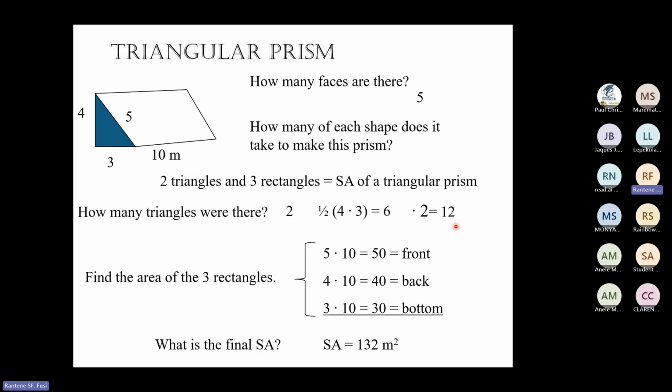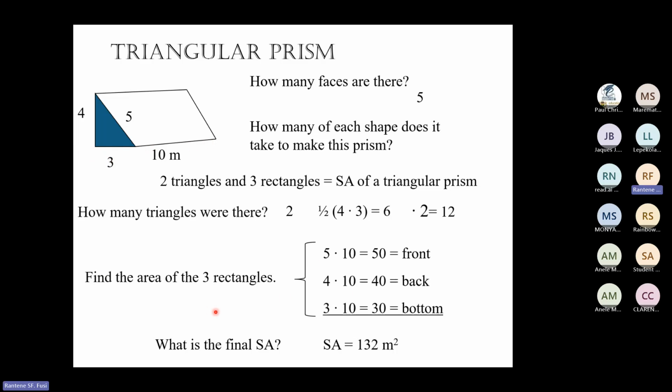Then for the rectangles, we've got this rectangle. We've got this length here, then we've got this breadth here. Then we've got the other one that has the length 10 and the breadth 4. Then the other one has the length 10 and the breadth 3.